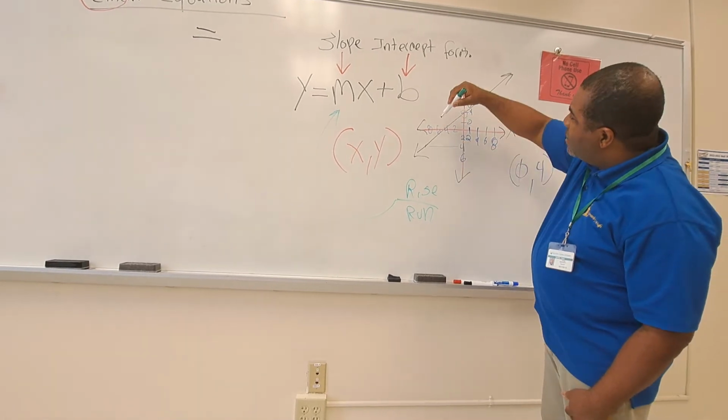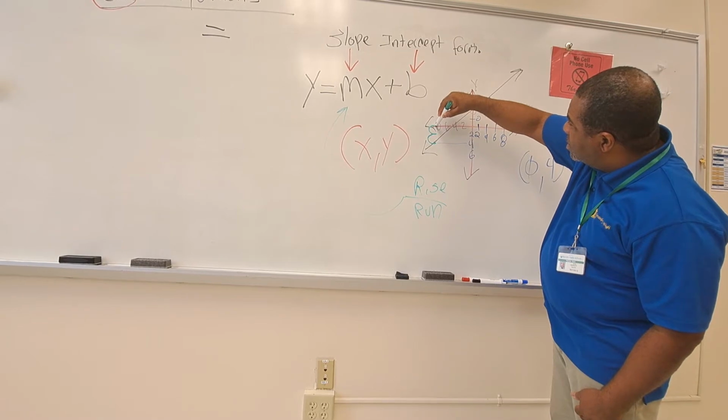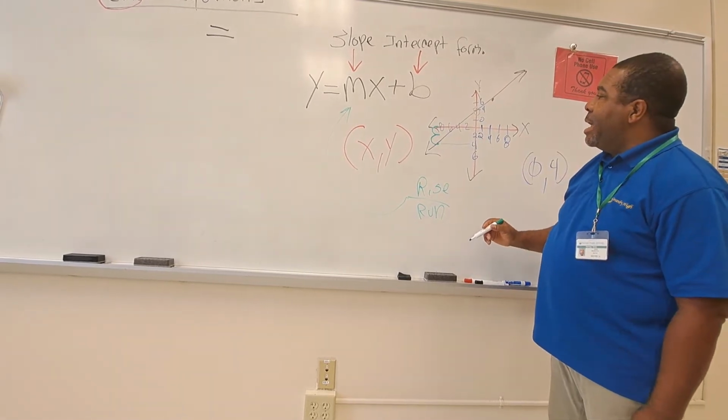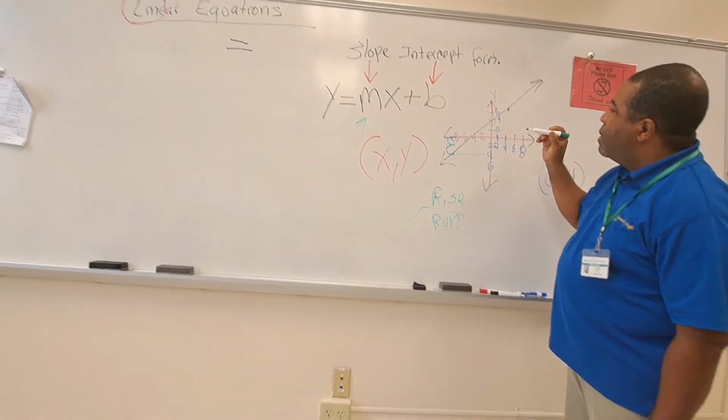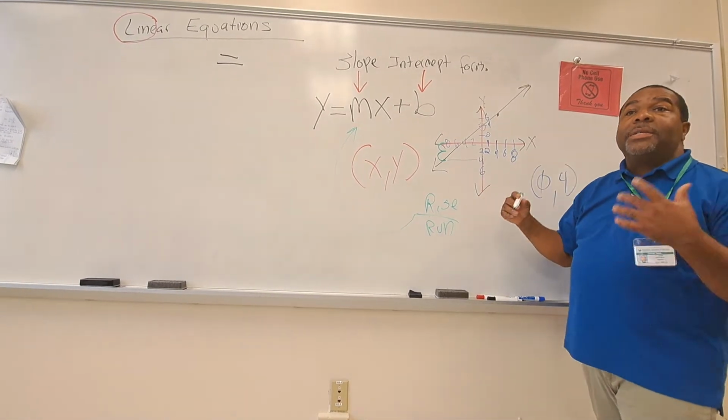All right, so I went up, let's see, 1, 2... This is actually 2, I'm skip counting. So I shouldn't say 1, 2.